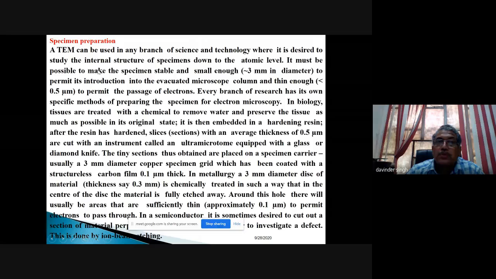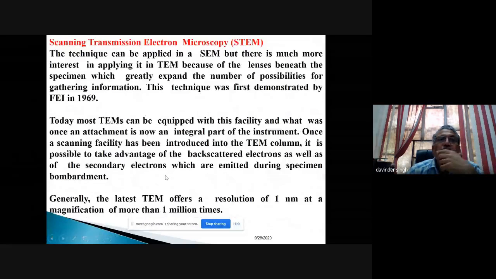It must be possible to make the specimen stable and small, nearly 3 mm, because there is a chamber where the sample is kept. So generally, a small sample is required. In case of biology or functional material science, you have different ideas. So I can skip this part.